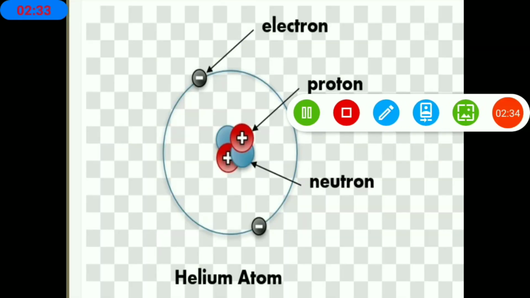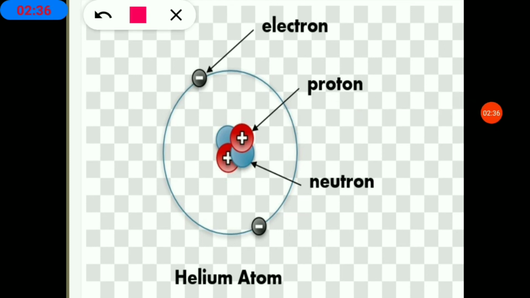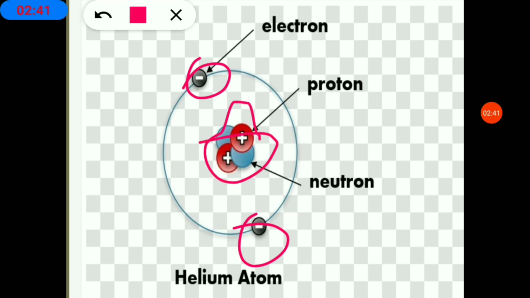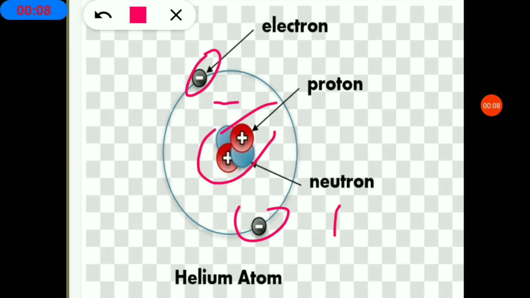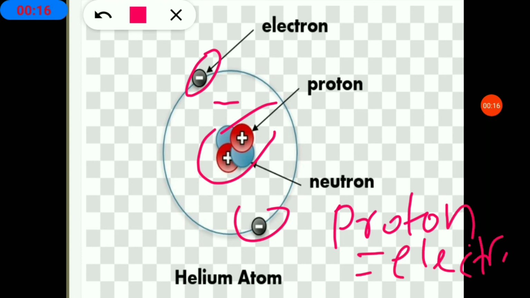In the atom of helium, there are 2 electrons, 2 protons. Now, an atom is stable when the number of positive charges and the number of negative charges are equal. Means protons should be equal to electrons. Then we can say the atom is stable or the atom is neutral.